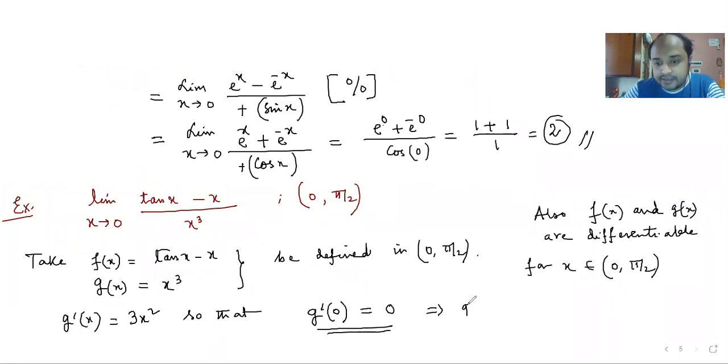So probably this implies that if I write limit x tends to a f(x) by g(x), that is the thing.